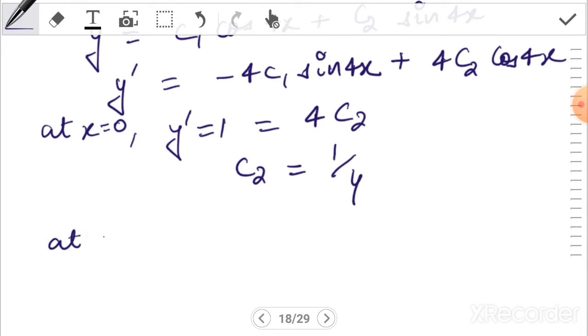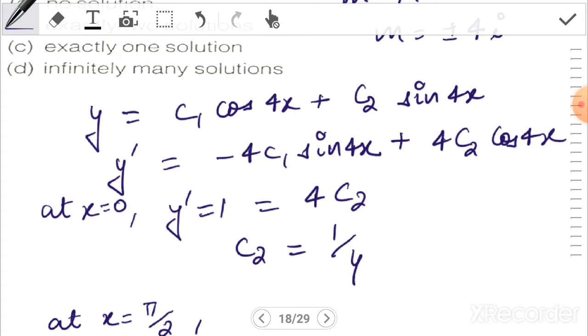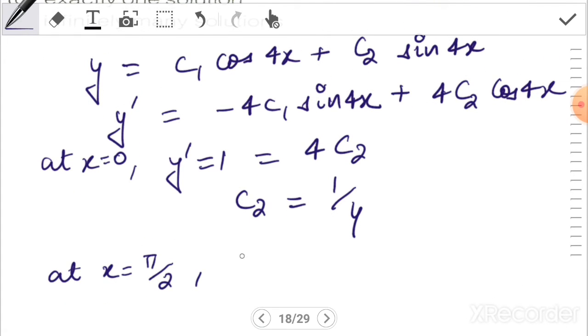Again at x = π/2, y = c1 cos 2π, okay, we have to put it in this equation.